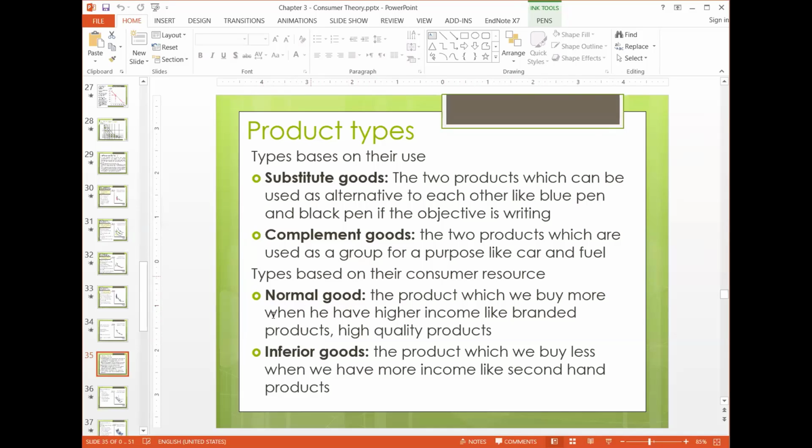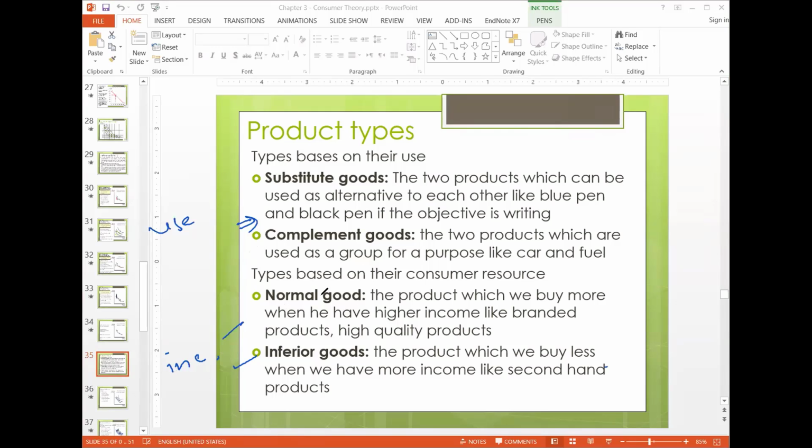So when we get rich, the things we buy more are normal goods, and there are inferior goods, the goods which we buy less when we have more income. So these are related to our income. These two are related to our use. If we use them together, they are complements. If they are used as an alternative, they are substitutes.